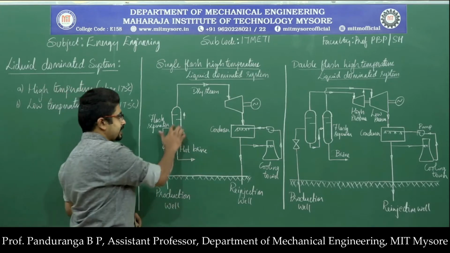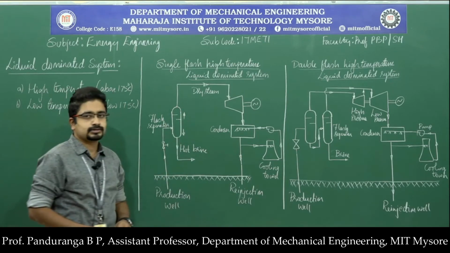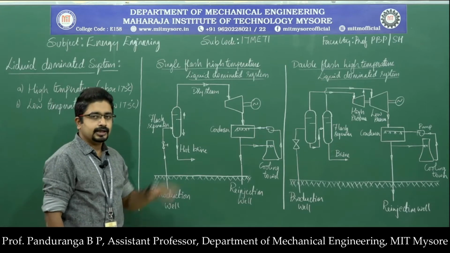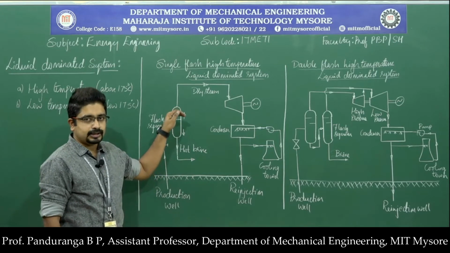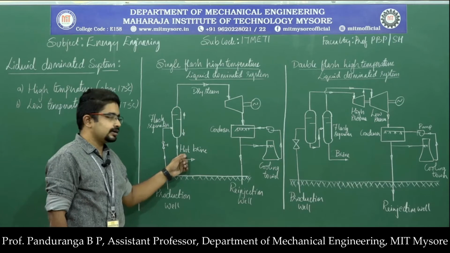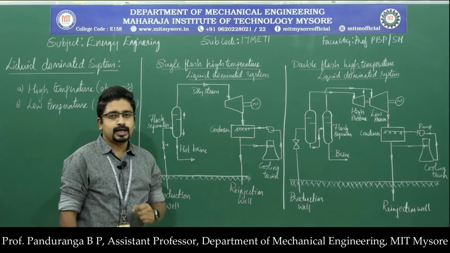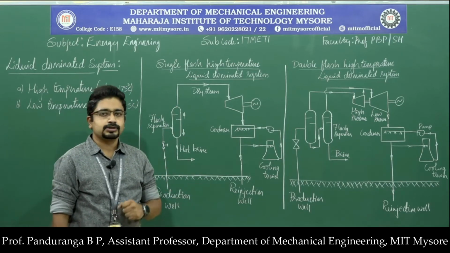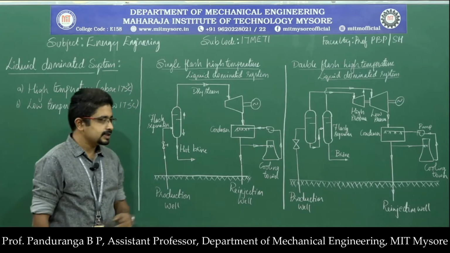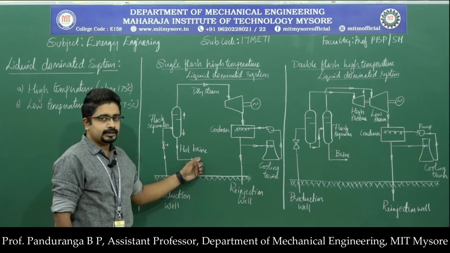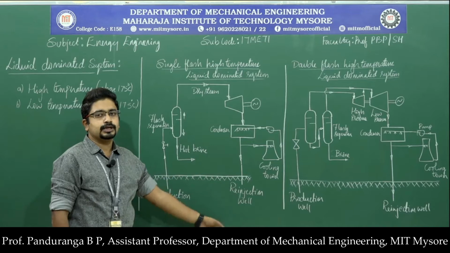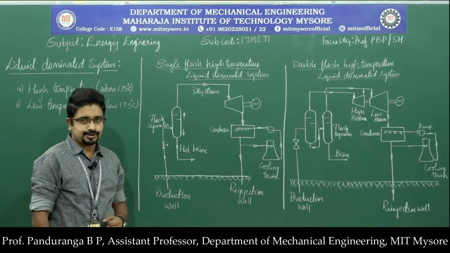As the steam passes over these baffles, the liquid water gets separated, and that liquid water will have a higher concentration of dissolved salts and minerals. We call it hot brine, and that will be sent back to the geothermal source.